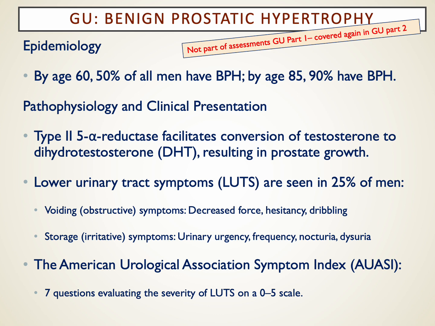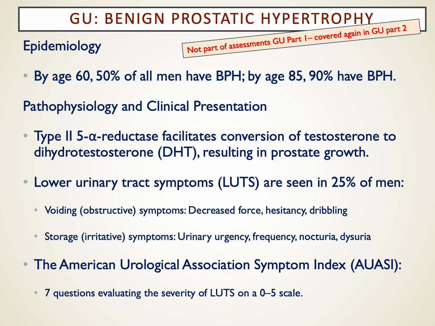And you may see lower urinary tract symptoms in a number of men, including decreased force or hesitancy or dribbling on initiation of urine stream, or they may have some degree of urinary urgency or frequency.